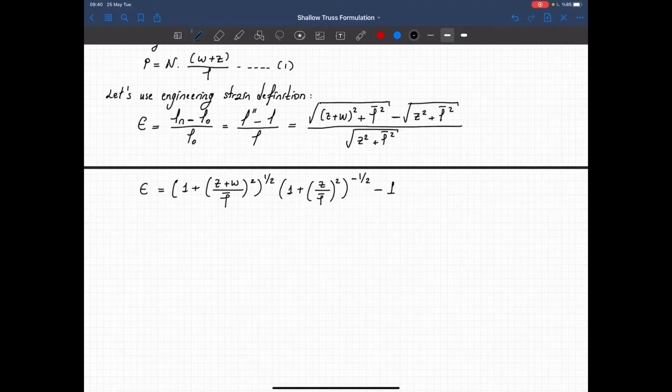So for that I'm using the Taylor series expansion and ignoring the higher order terms.